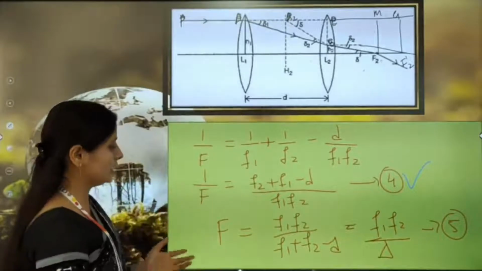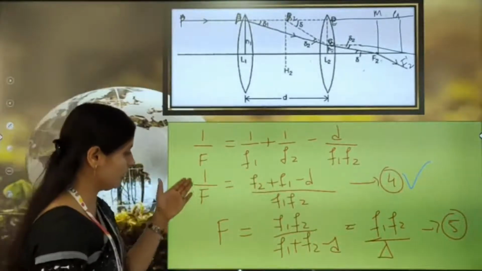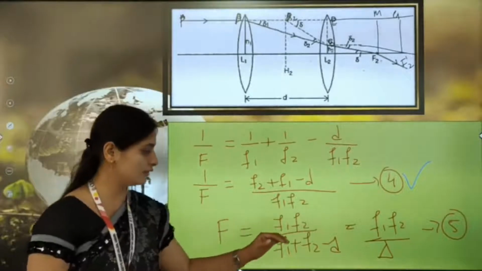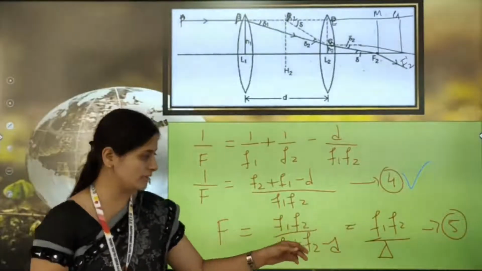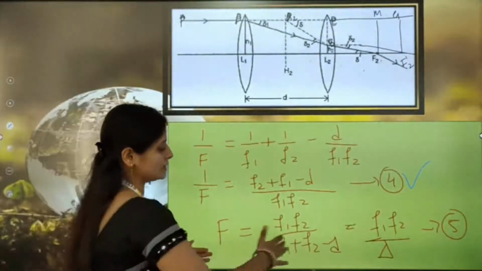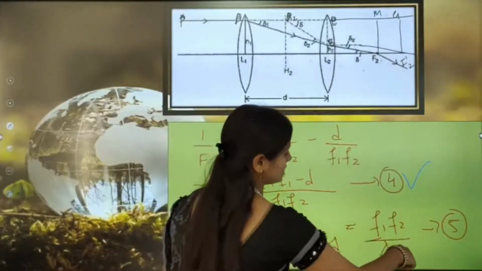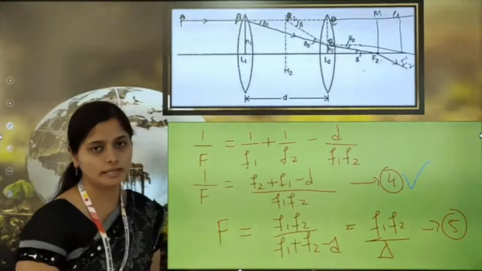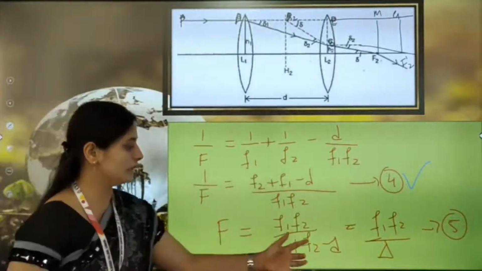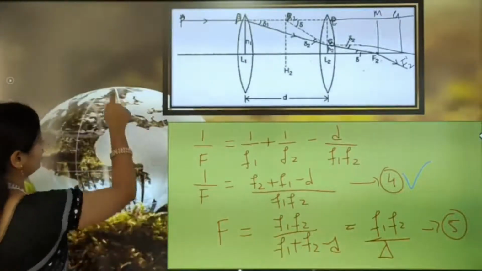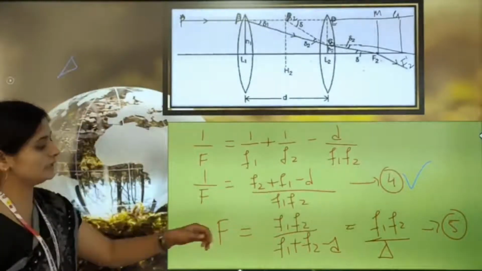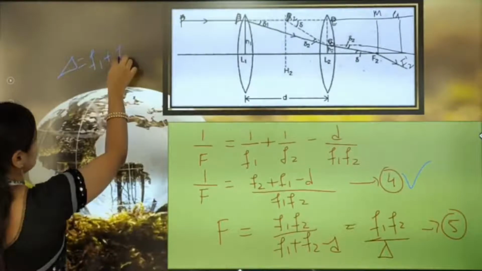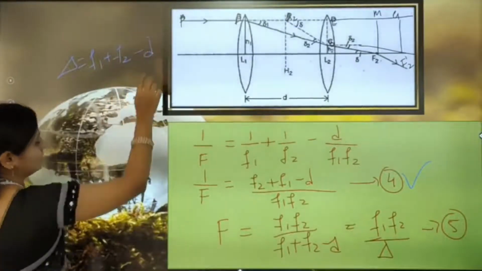Okay, from equation 4 again we have to take this in the form of f. f equals f1 f2 divided by f1 plus f2 minus d. Here that is nothing but f1 f2 divided by delta, which we call equation number 5. Here delta is nothing but f1 plus f2 minus d.